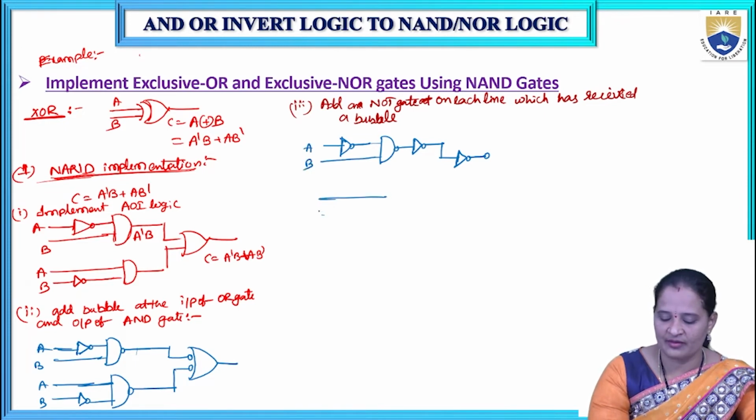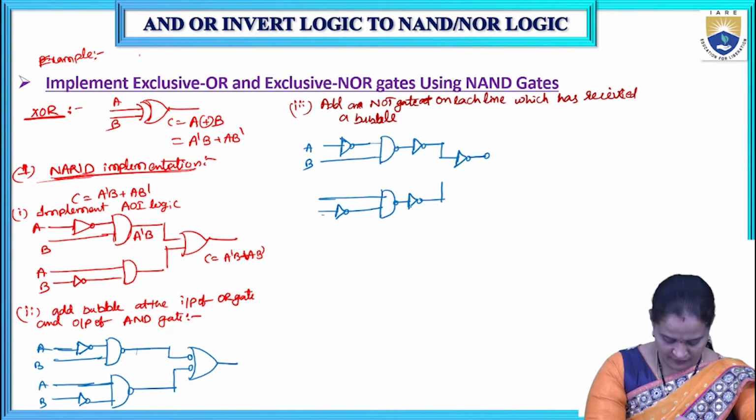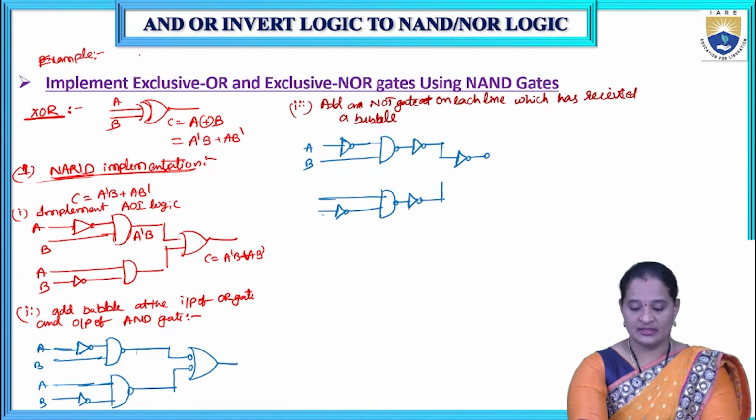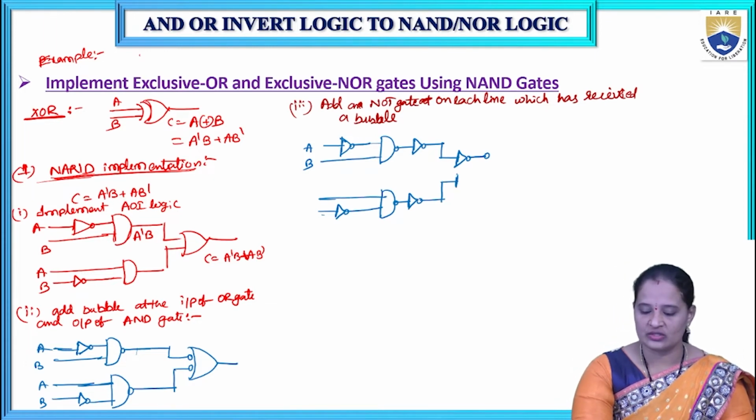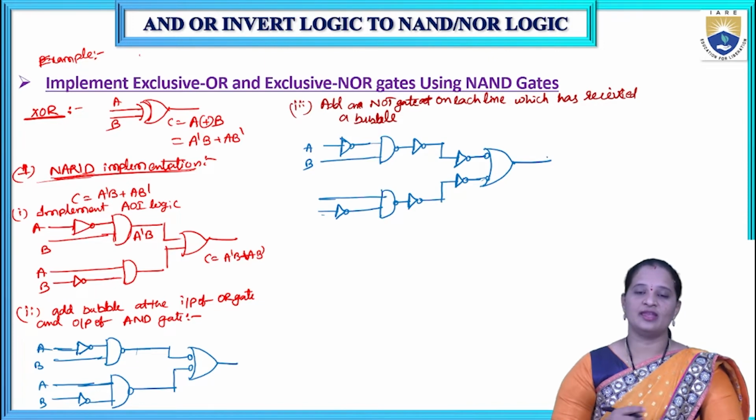Now coming to the next one. Again, we don't have any bubbles at the input side of the second AND gate, so no need to place any inverter here. As this AND gate has a bubble at the output side, we place an inverter on this line, and also one more inverter for the OR gate, which has received bubbles at the input side.